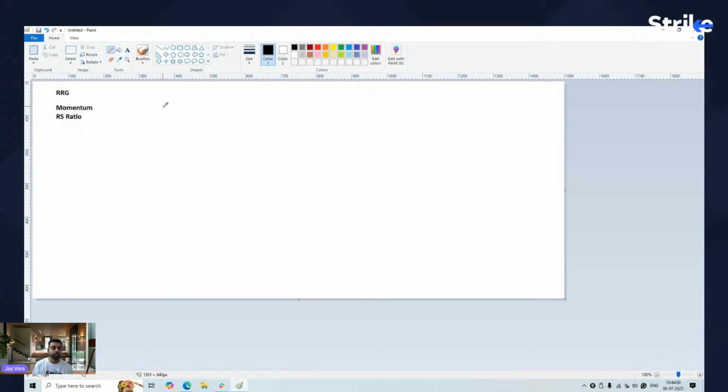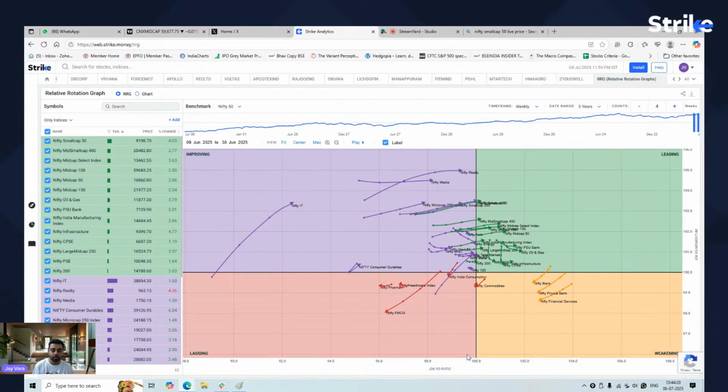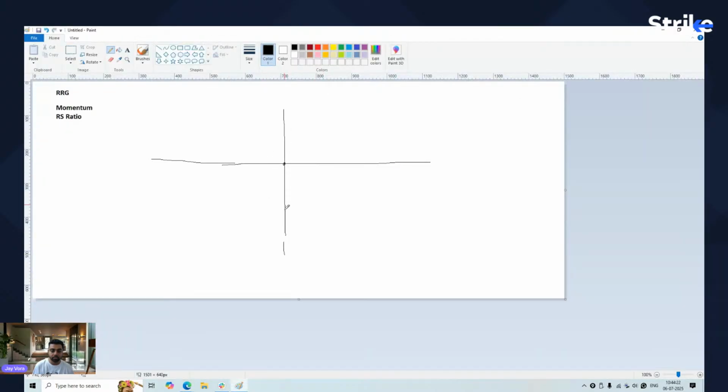Now let me tell you how they will behave in the quadrant. This is the RRG quadrant. Basically this is the 100 point. As you will see over here, the convergence is basically 100, and this is basically 100.